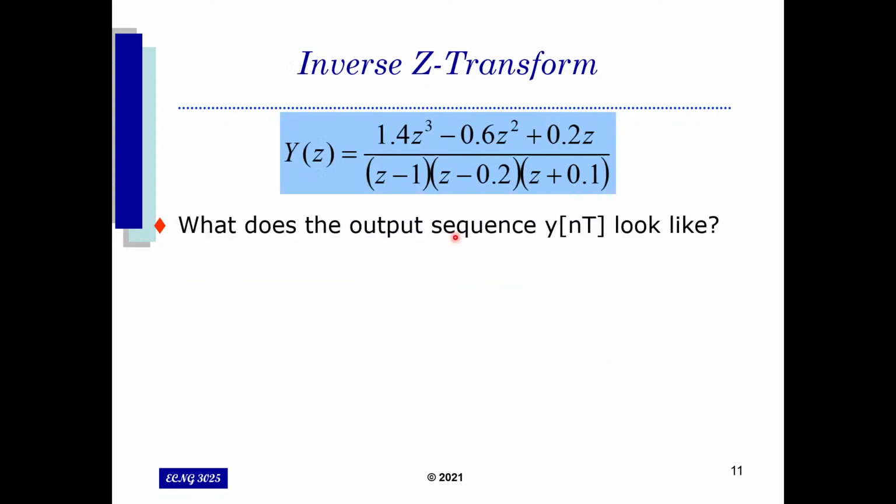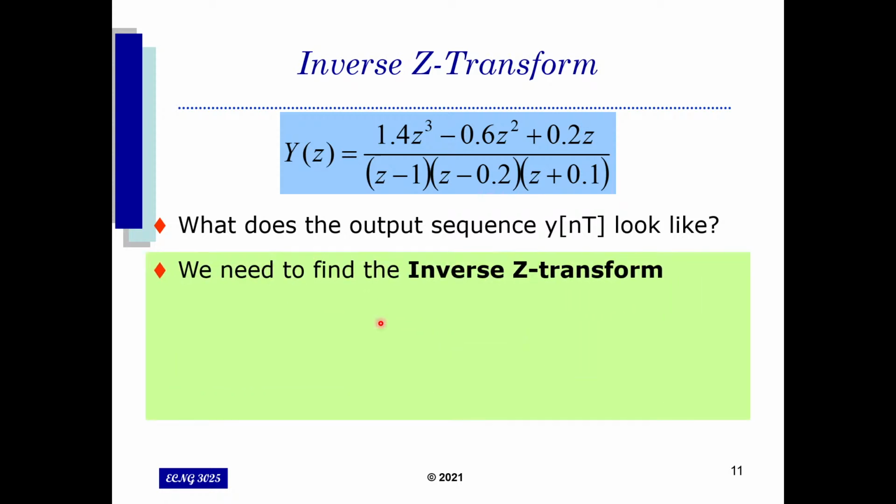So if we're given any generic y of z sequence here, in its transfer function form, we can basically say this is y of z divided by x of z, where x of z is 1. The general question is, how do we get back to y of n, and what does this output sequence look like? So that means we need to find the inverse z transform, and this can be done in one of 3 ways.